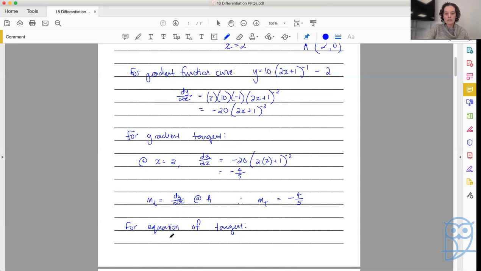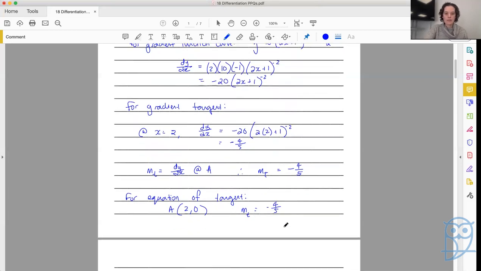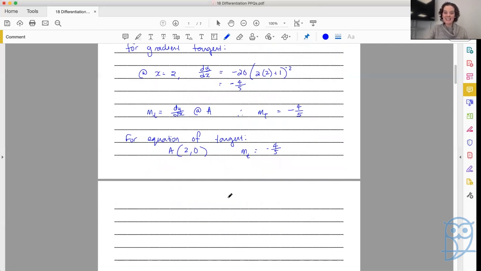We have our point, A is (2, 0), and we have our gradient, minus 4/5. And then we use our magic, friendly, wonderful formula: y minus 0 equals minus 4/5 times (x minus 2). To clear the fraction, 5y equals minus 4x plus 8, so 5y plus 4x equals 8.